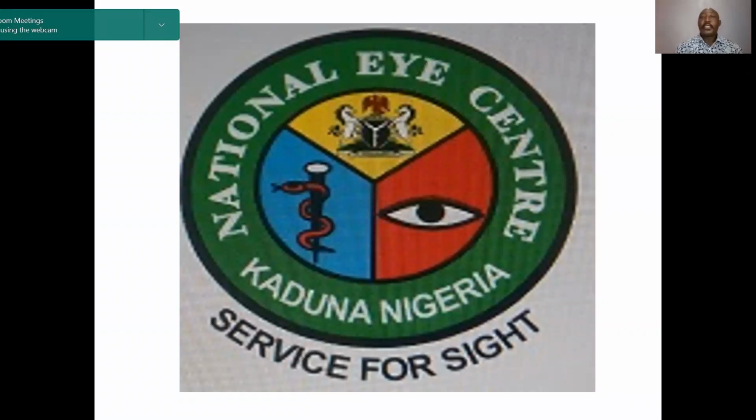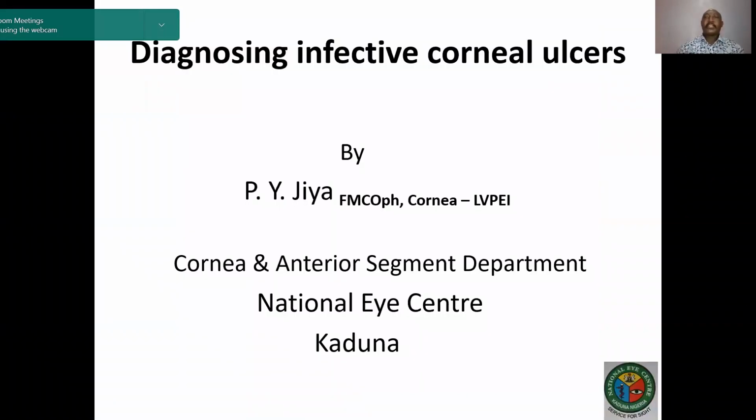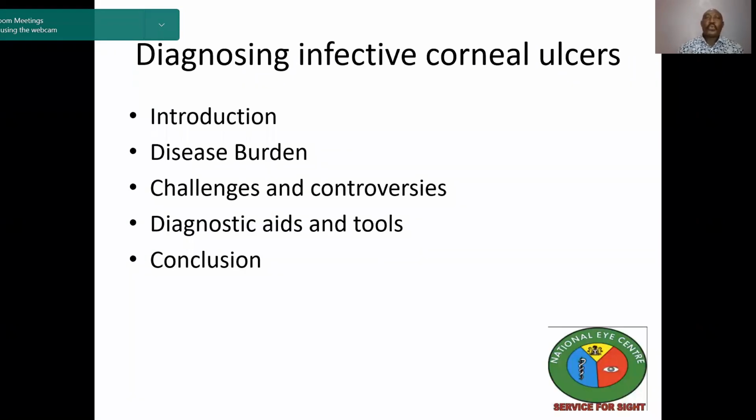We will be looking at diagnosing infective corneal ulcer, and we want to look at it in this format.